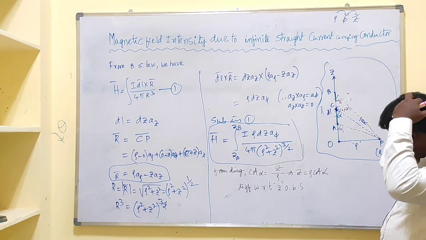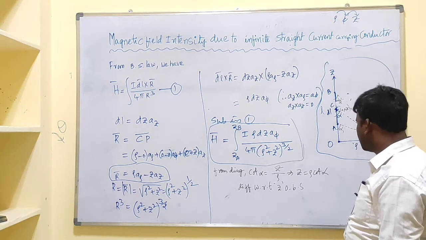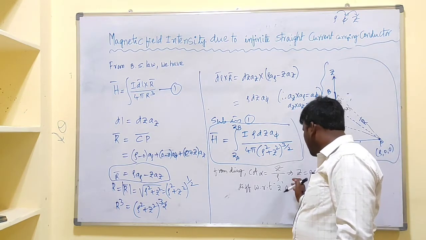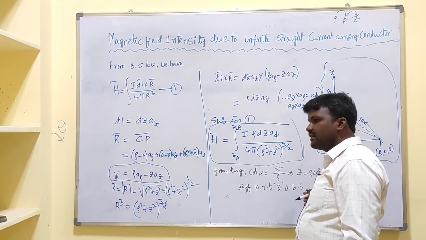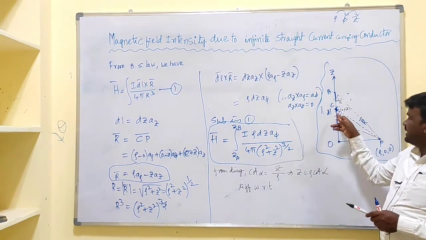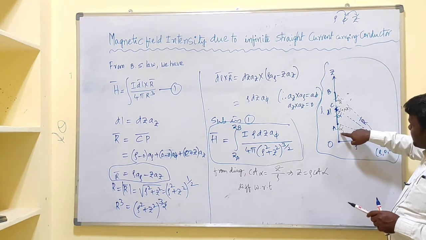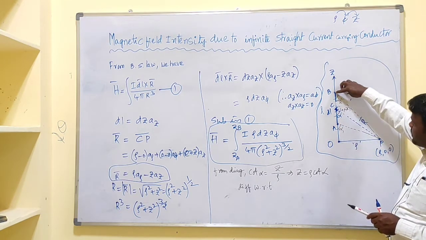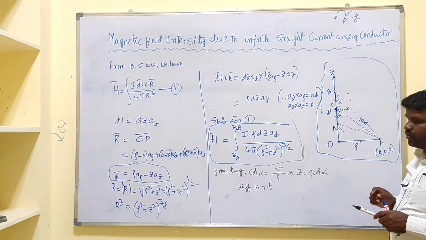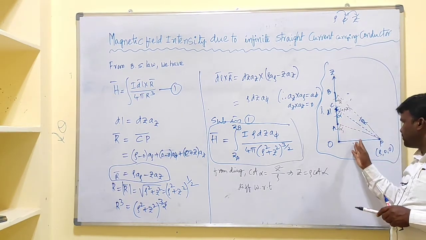Differentiation of z with respect to z means 1. We need to observe one thing, that is the change in z. If this position is shifted downward, alpha becomes alpha 1. If this position is shifted upward, alpha becomes alpha 2. That means a change in z leads to a change in alpha, but there is no change in rho.